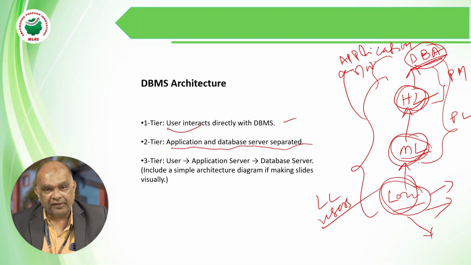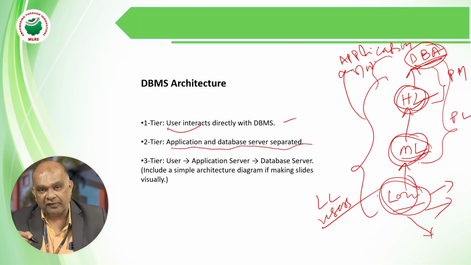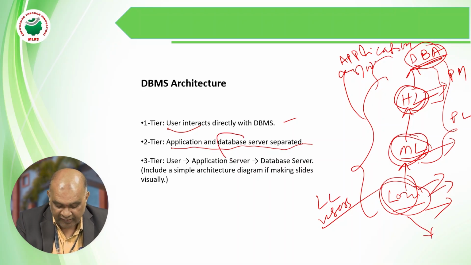The database administrator is the main person here who is going to give different types of permissions to different users present in the organization, right? Lower level is going to get one type of permission, middle level one type of permission, higher level one type of permission. So whether any permission is given by the database administrator or not, all the databases in a particular organization are connected to the database server.